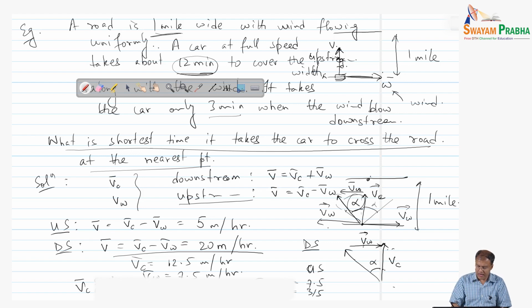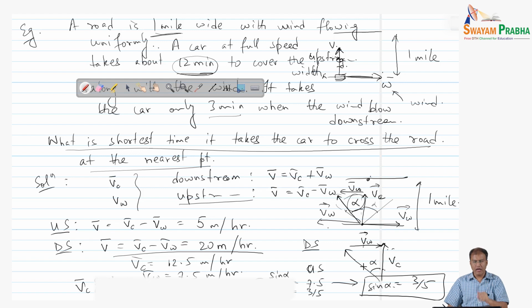So from here I see that sin alpha comes out to be 3/5, and that defines my angle of tilt.